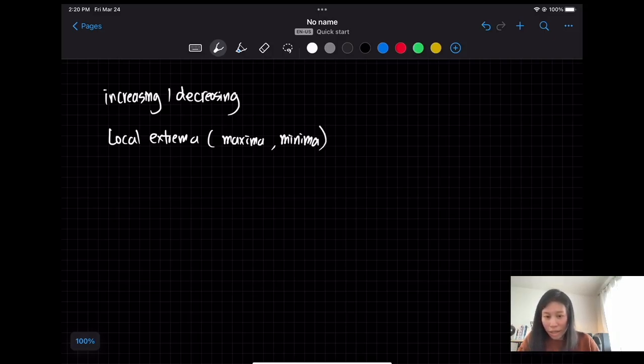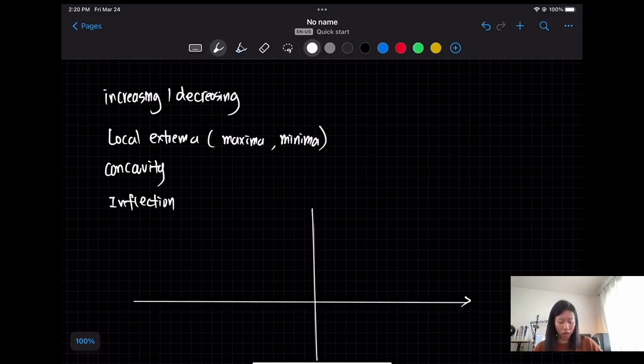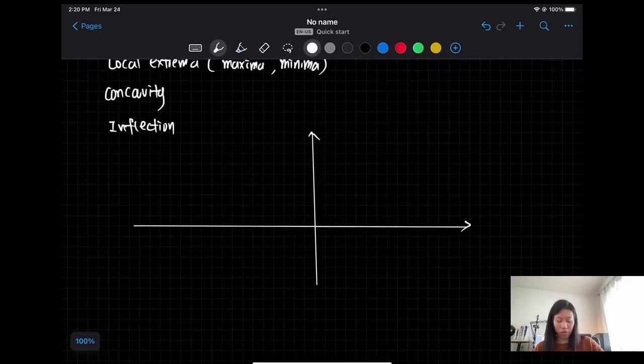We also have concavity and inflection points. These four types are used to describe the behavior of a graph. All right, now let's take a look at this graph.